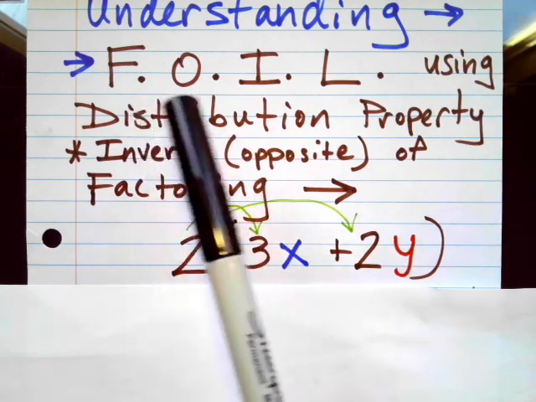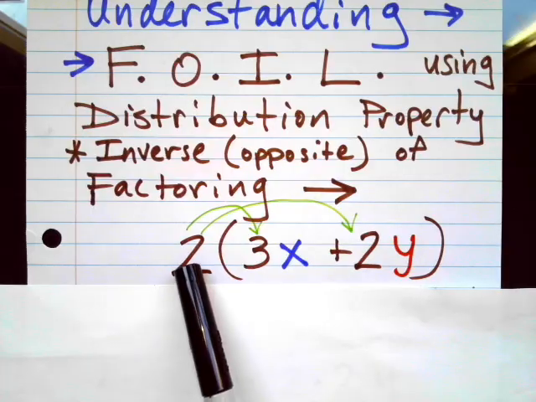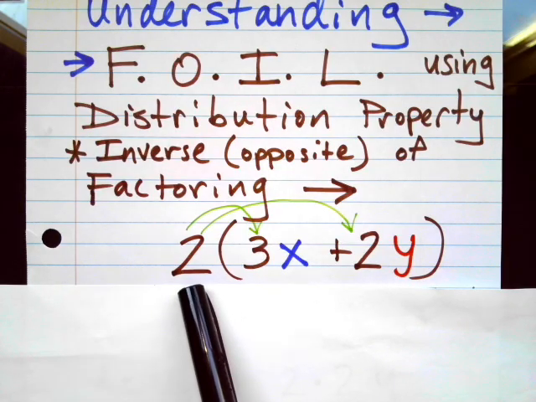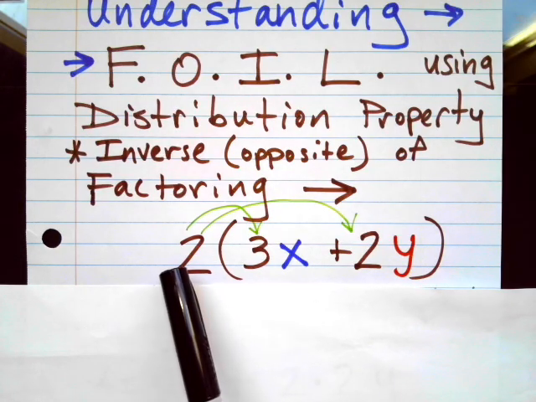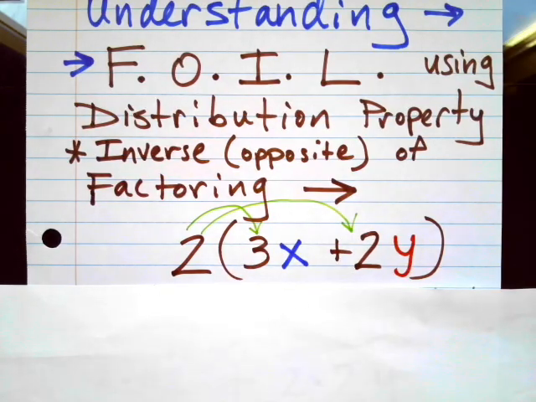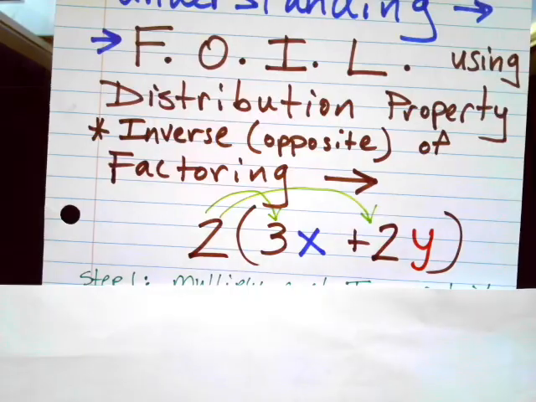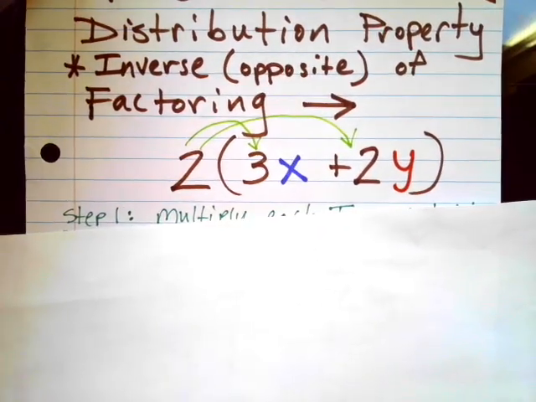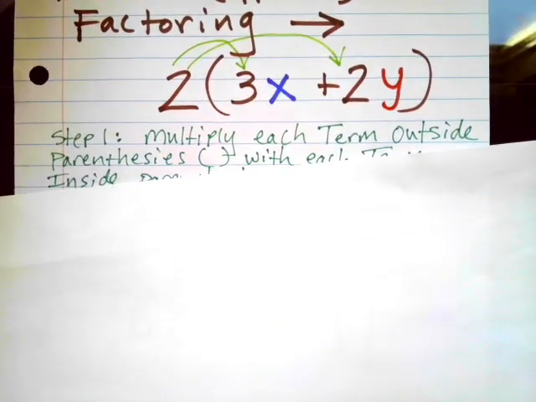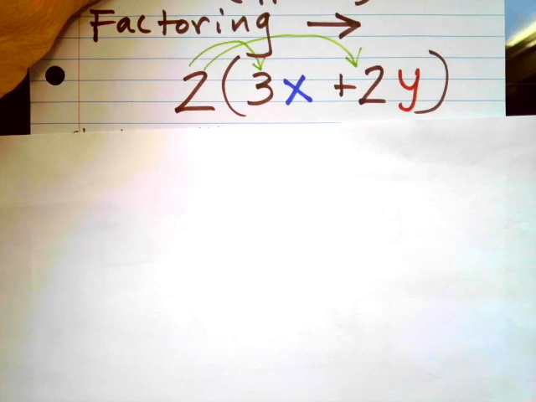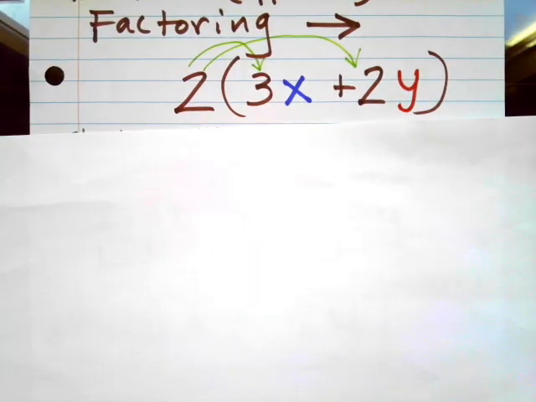Now, when we're dealing with FOIL, you add a second term on the outside of the parentheses, but it's pretty much the same thing as distribution property. You're going to multiply 2 times 3x plus 2 times 2y, as you can see here with the arrows indicating where you're going to be multiplying within those parentheses. So this is an example of distribution property again.